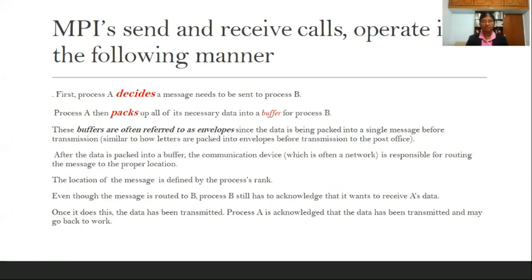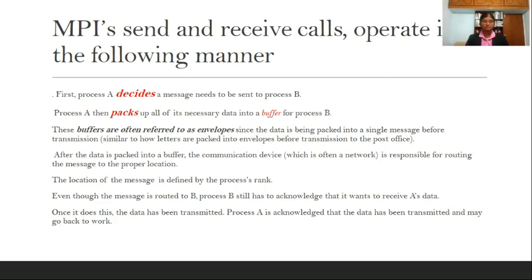Then process A packs up all of its necessary data into a buffer for process B. We saw in our analogy that Alice collected all her letters into an envelope and then put it in the mailbox to be sent to Bob. Here, these required messages are packed into a buffer to be sent to process B.